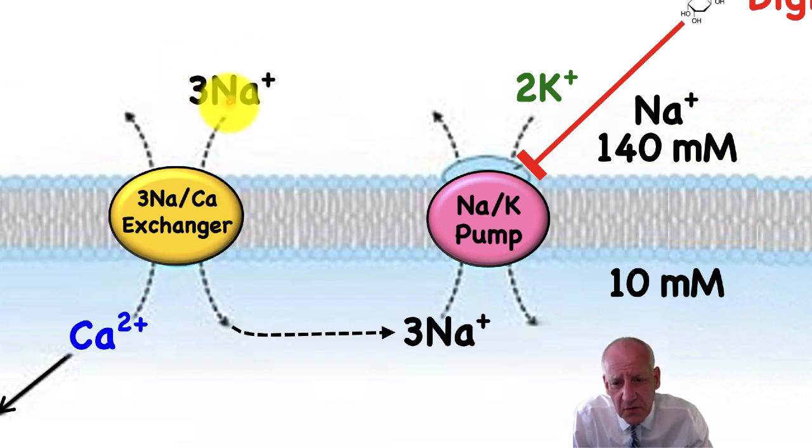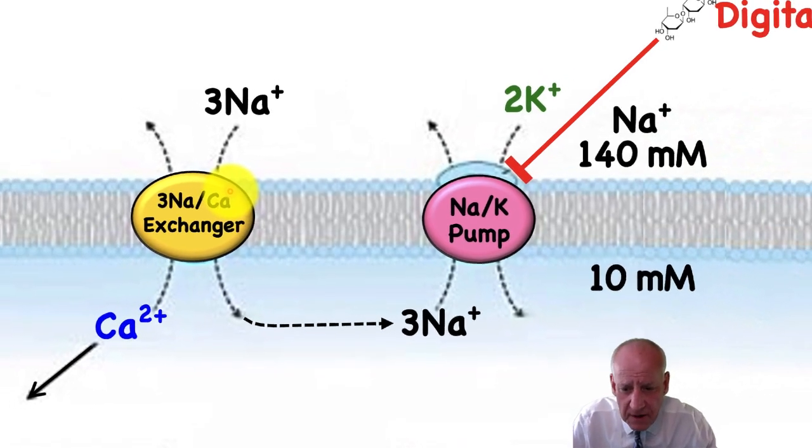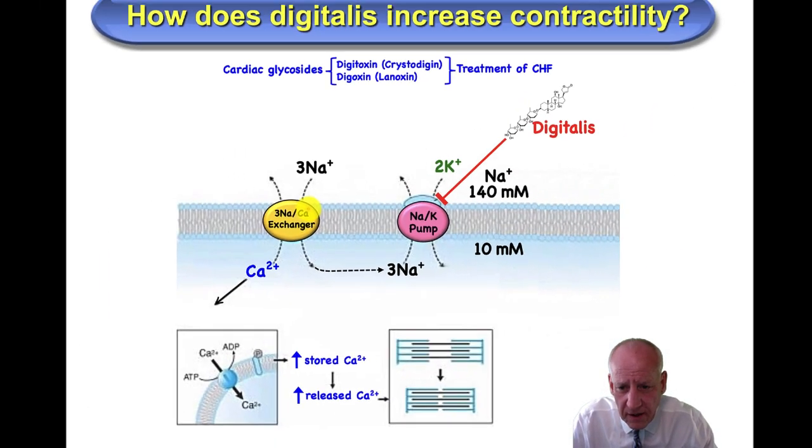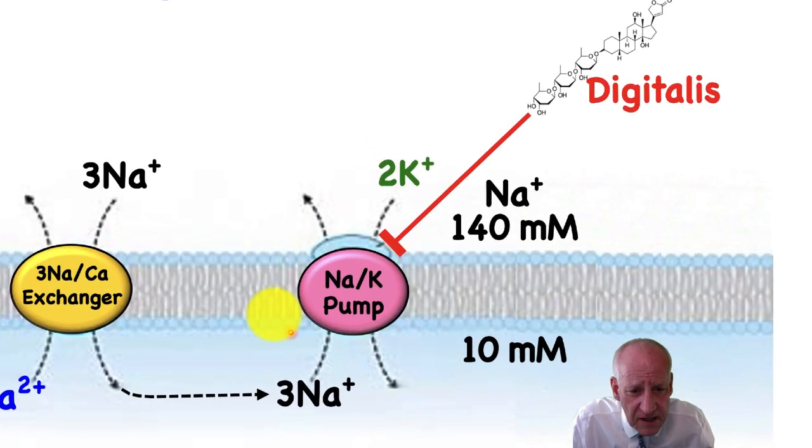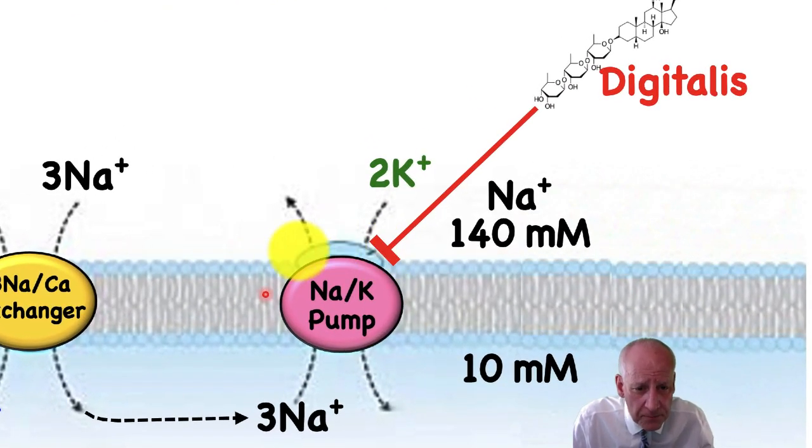This one trades 3 external sodiums for internal calcium. So this is a 3-sodium calcium exchanger. And remember that this is the major mechanism for removing the activator calcium that was admitted into the cell by the L-type calcium channel. Digitalis binds to an outwardly facing potassium binding pocket and disables the operation of the pump.